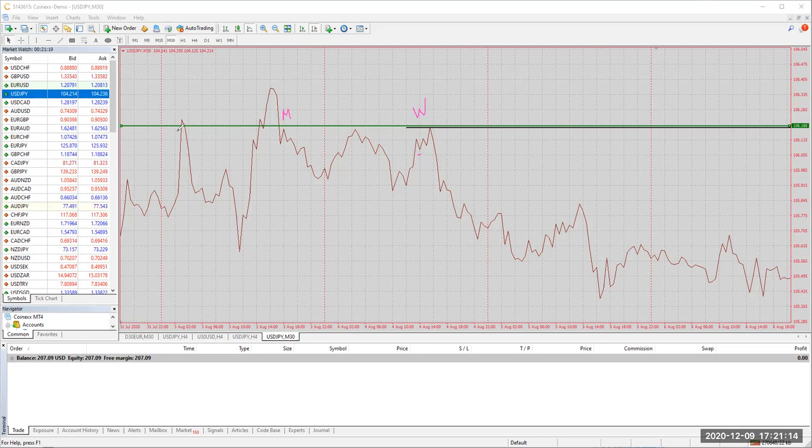So if that's the case, that is my M pattern, I'm going to be theoretically looking to try to take this down on the second leg to try to see what's happening here. So what I would do is my stop loss would be up here. My stop loss would be 3 to 5 pips above the first leg of the M. So it'll be around here.